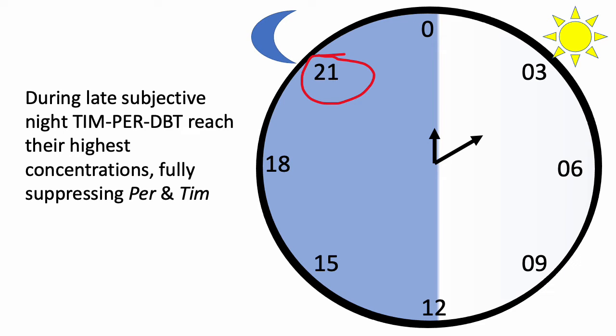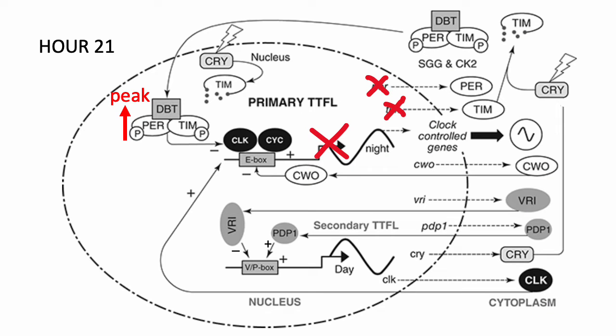Now we're in late subjective night. This is about the time in our molecular clock when the TIM-PER-DBT complex reaches its highest concentrations in the nucleus, which fully suppresses per and tim transcription.